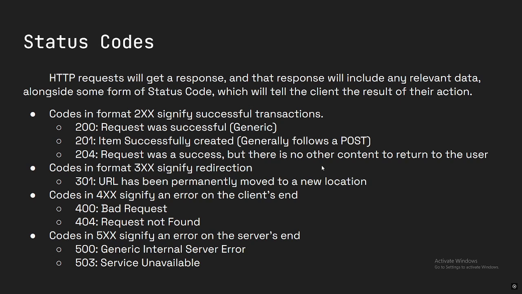So when you're communicating via HTTP requests, you're going to get a response. And that response will include any relevant data alongside some form of a status code. And it will tell the client the result of their action. This is very essential if you're building an app that has a separate front end from a separate backend.